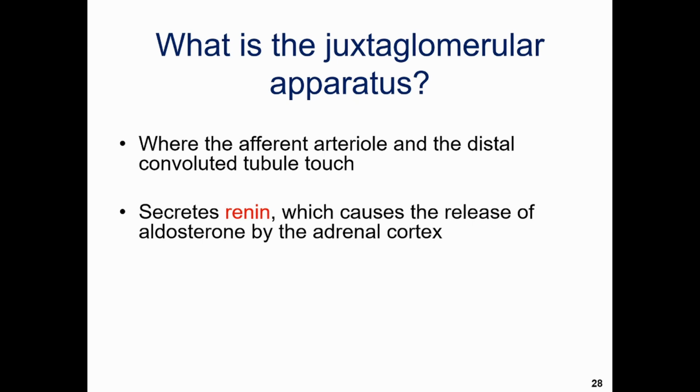However, in reality, that distal convoluted tubule actually folds over and touches onto a certain point where the afferent arteriole is at. Right where these two touch, where the afferent arteriole and the distal convoluted tubule touch, we have a location where we can secrete our hormone called renin. Renin, if you remember from earlier, is going to trigger the adrenal cortex to produce aldosterone.